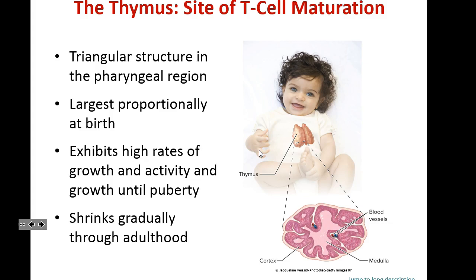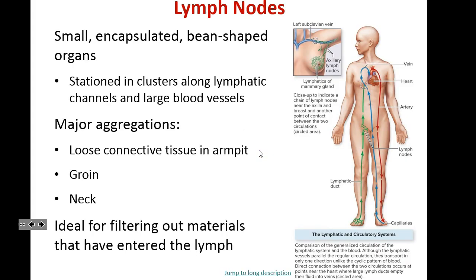It exhibits high rates of growth and activity until puberty. It shrinks gradually through adulthood. The thymus. What happens in the thymus? What kind of maturation? T cells.